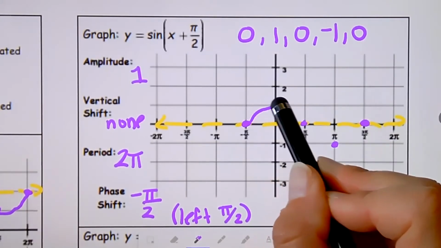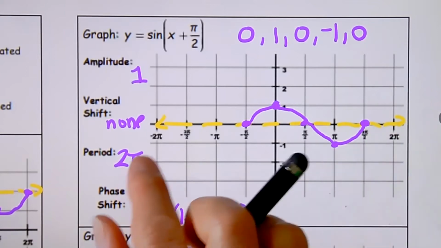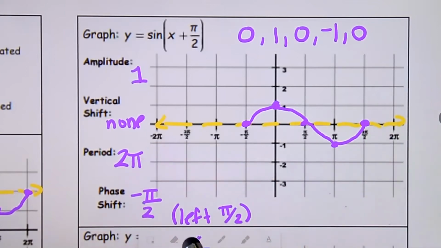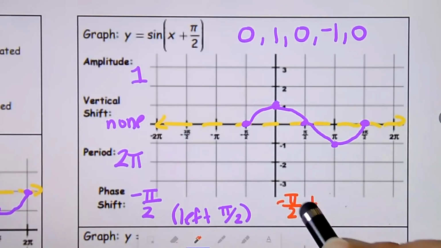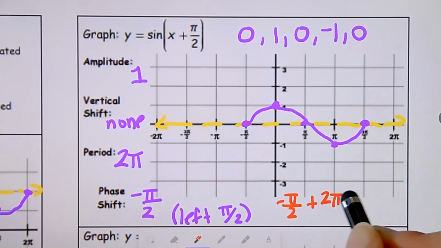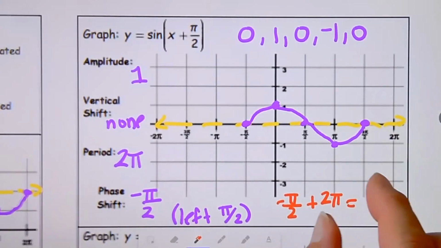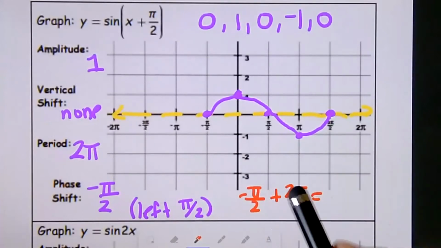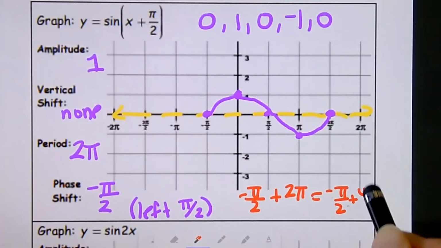And at 3 pi halves. Now, sometimes depending on the period and the start, what I like to do, I'm just doing it in a different color, is if I know I'm starting at negative pi halves, I add the period onto it, and the period happens to be 2 pi. So I know where my start is and where my end is. Now 2 pi, if I rewrite it in terms of halves, is 4 pi halves, so negative pi halves plus 4 pi halves.